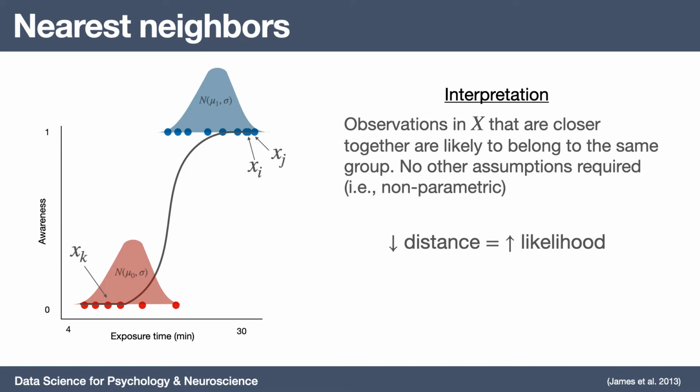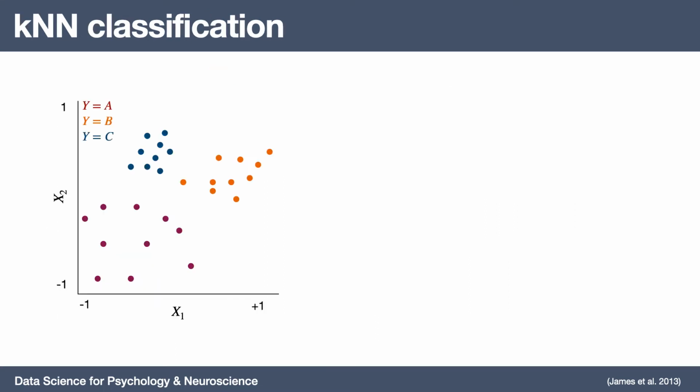You have no assumptions of sampling. All it boils down to is that observations that are closer together are more likely to be of similar groups. And that's the basis of kNN classification, k nearest neighbors classification.